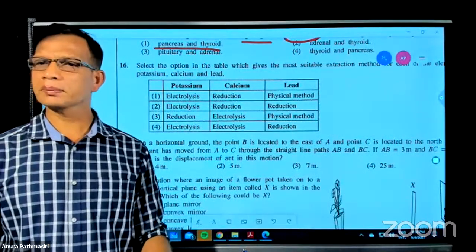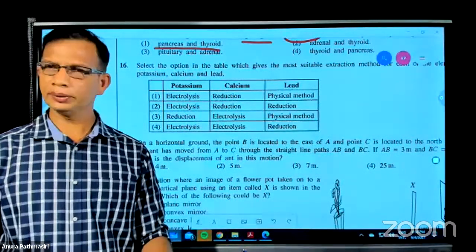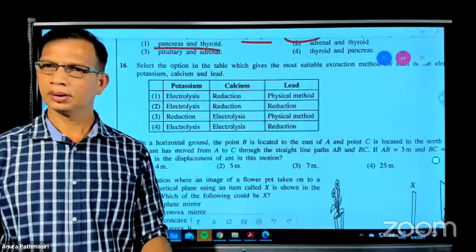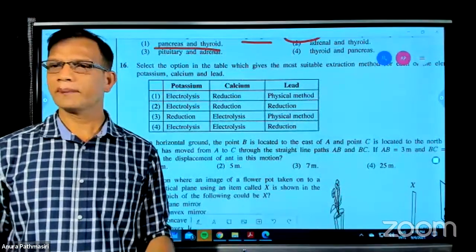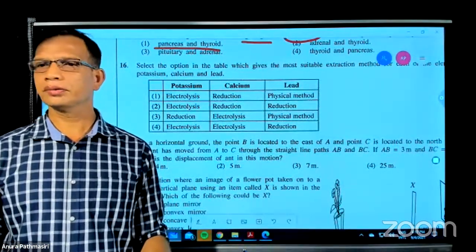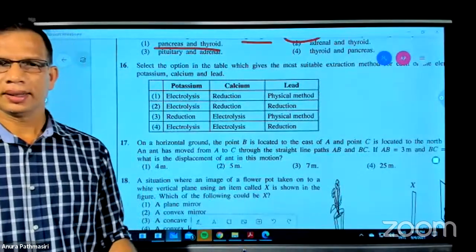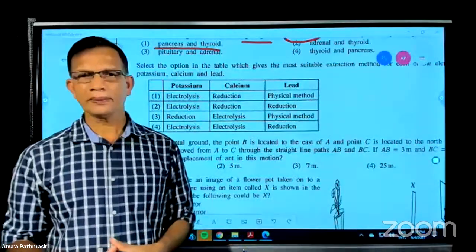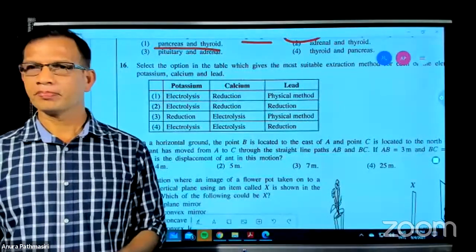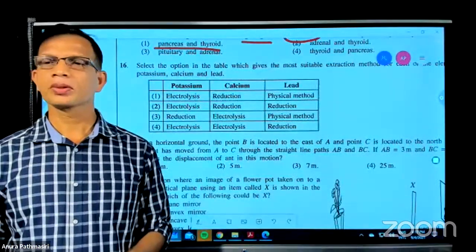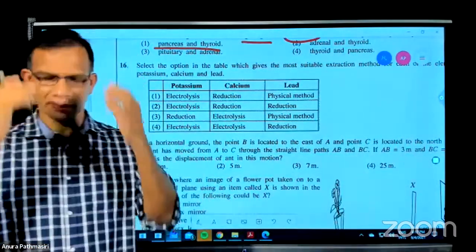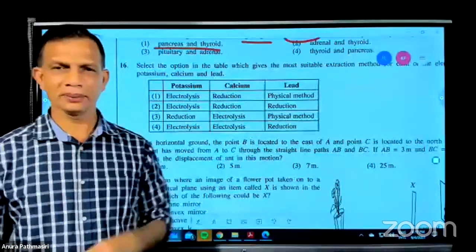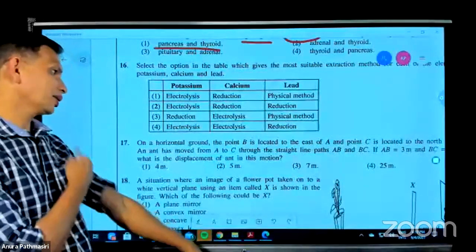Your silence means my explanation is not successful. Children, this is going on live. Don't put me down. What is the answer? Correct answer? Both. Please answer. Otherwise, the low marks come to my part, right?